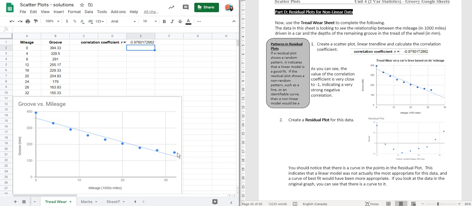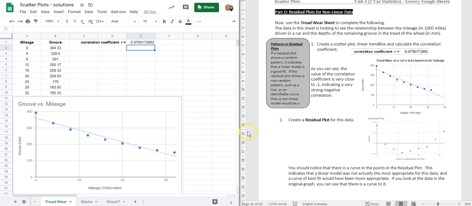Sometimes you wonder, is it a curve, or is that just the way the points look? You don't know exactly what's going to happen over here, but you have to make a judgment just based on what you see. So quite often just looking at the correlation coefficient isn't enough to see whether a line of best fit is the best choice.